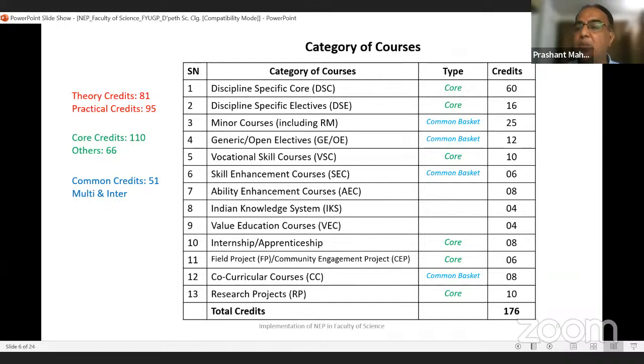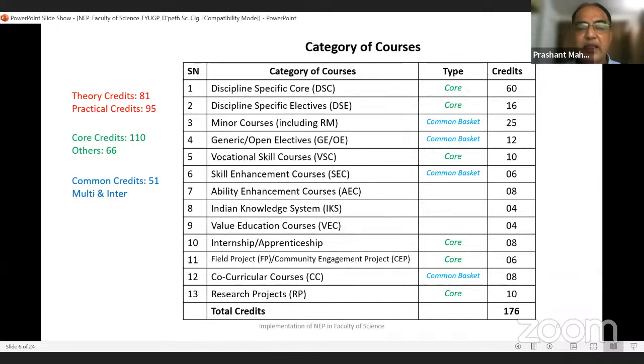The second purpose which is getting served, as you are aware, is that if it is theory or tutorial, then 1 credit is equal to 1 hour per week for a 15-week semester. When it is a credit for practical, then it is 2 hours per week for a single credit of practicals for 15 weeks.